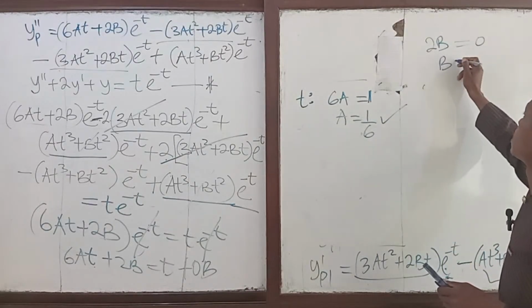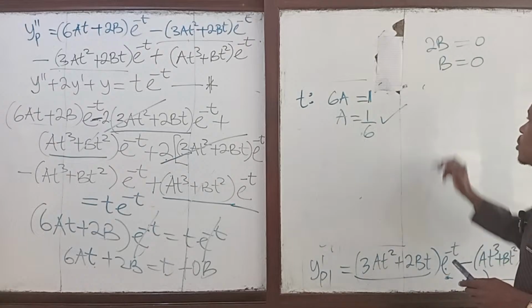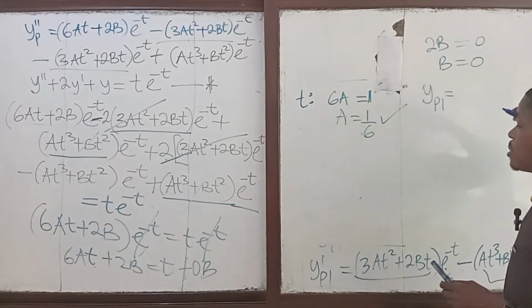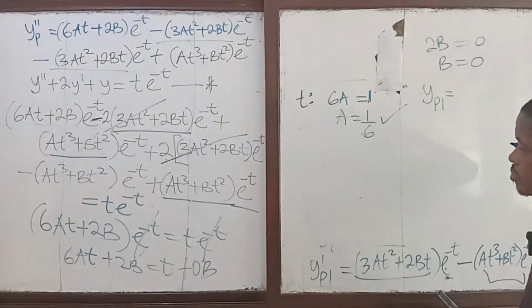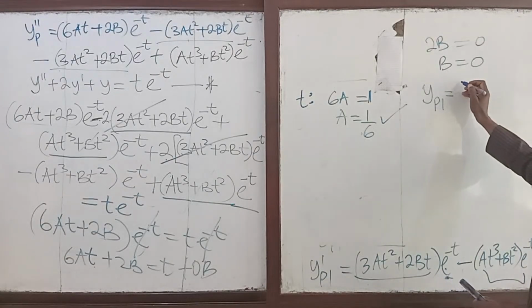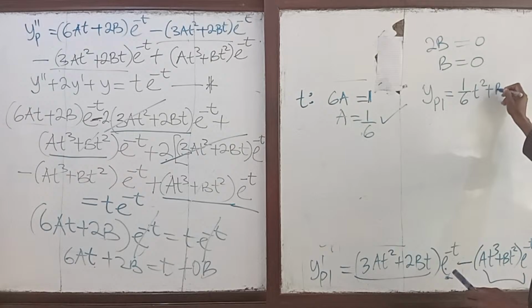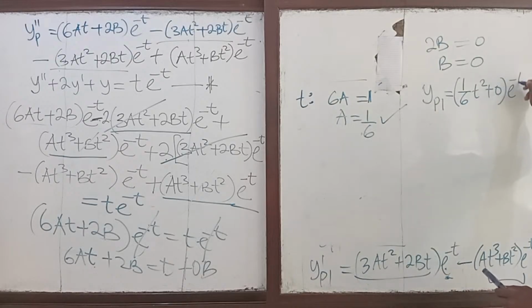So yp1 is equal to a, 1 over 6 t squared, plus b is 0, so 0 times e to power minus t.